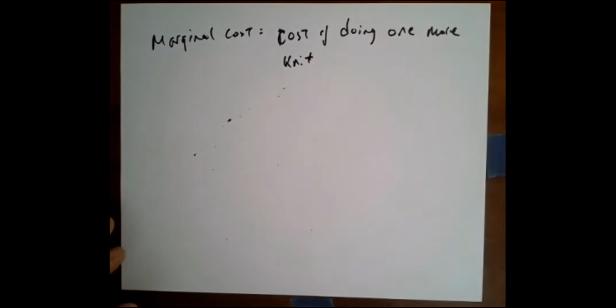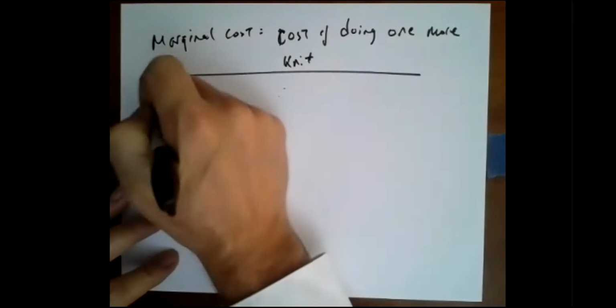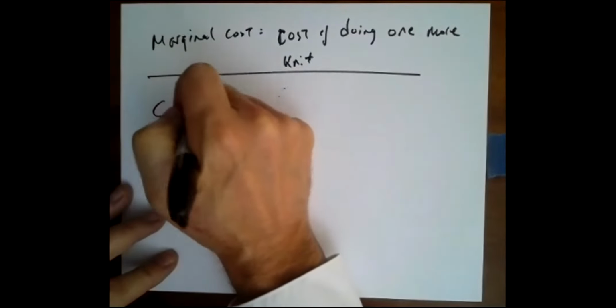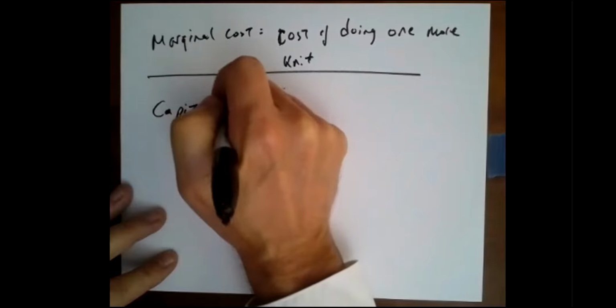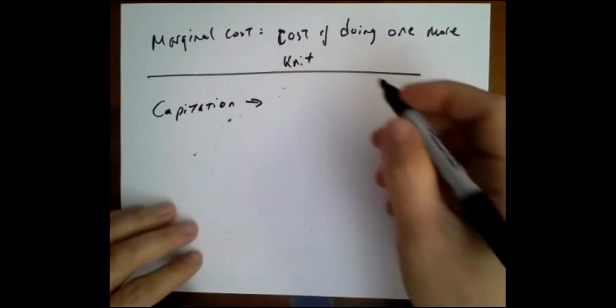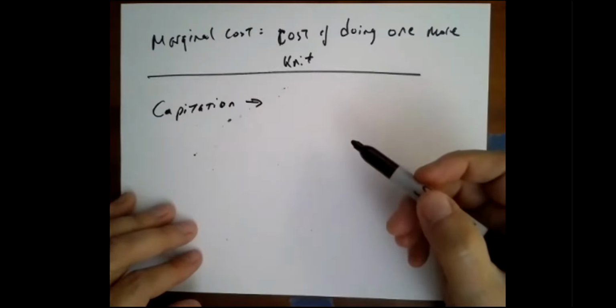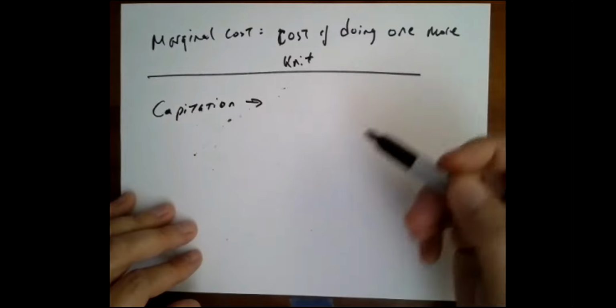All right. I'm going to shift now for the last couple of minutes of the class to talk about capitation. So we talked about capitation before. So far we've been talking about fee for service, where we get paid some amount of money for each unit that we do.